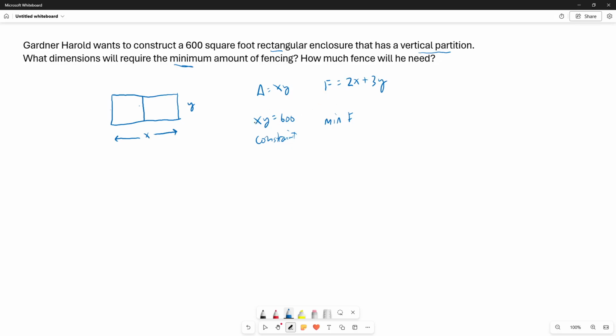Okay, so we take the constraint and we solve it for y. The constraint says that y is equal to 600 divided by x, and then we substitute that into the objective.